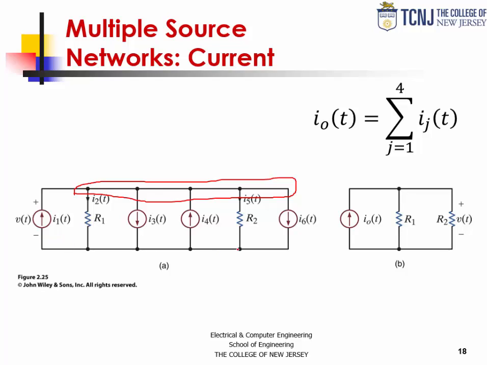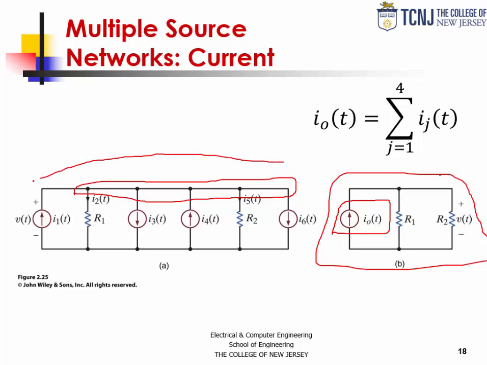So the total current here, by combining these 4 current sources, is minus I1 plus I3 minus I4 plus I6. And that would be the algebraic combination of those 4 current sources. Again, we are left with R1 and R2 connected the same in parallel. And this circuit is going to be electrically the same as this larger circuit on the left.